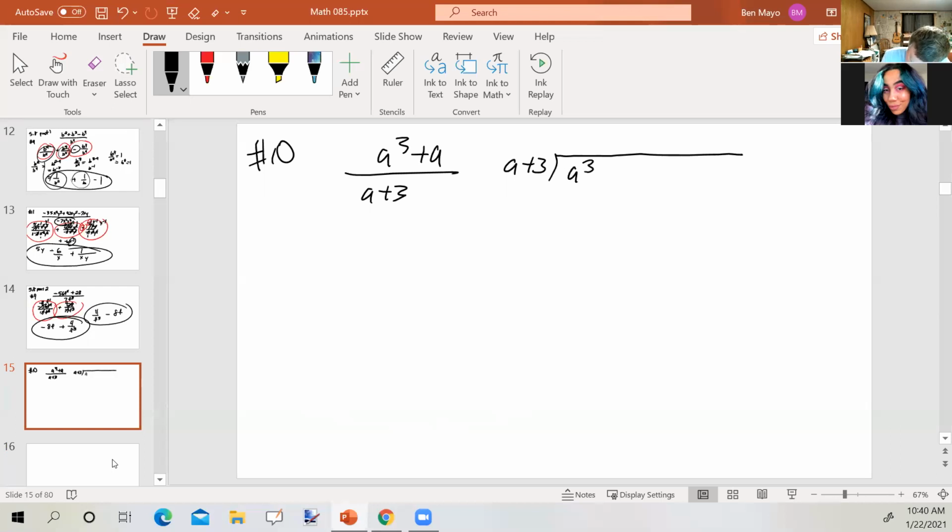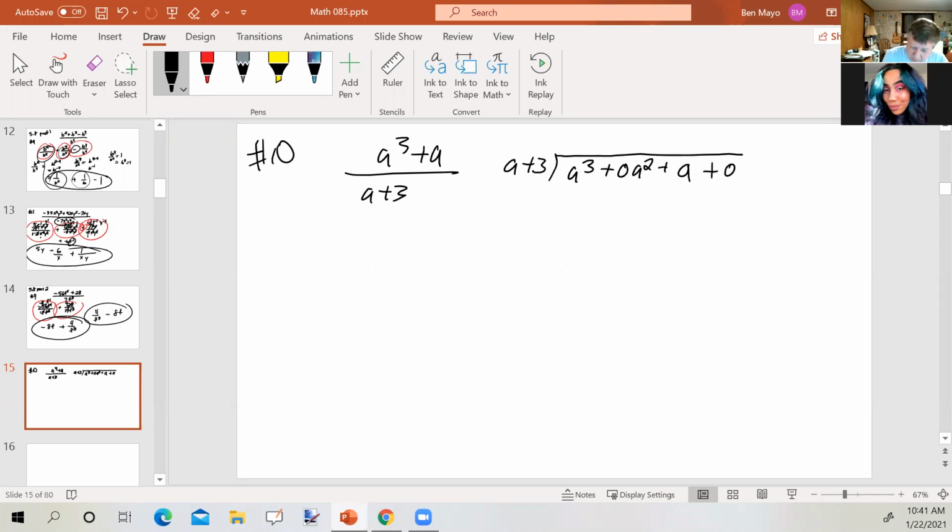So I'm going to write a cubed plus 0a squared plus a, and I'll put plus 0 for the constant term. We may or may not need that last 0. We'll find out when we get there.